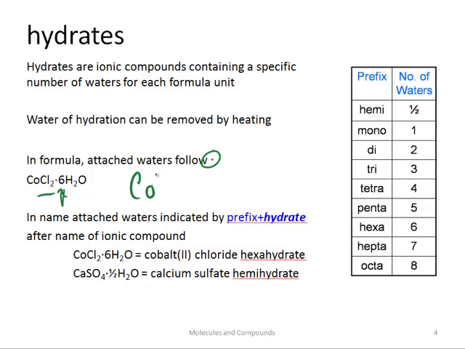So that must be cobalt 2+ and a chloride -1 ion. So when we name this, we would name this cobalt 2 chloride, but we also want to indicate how many waters of hydration it has with a prefix based on that number. We're just going to steal those prefixes that you learned in geometry class, and since there's 6 waters of hydration for cobalt chloride, we are going to name that cobalt 2 chloride hexahydrate.